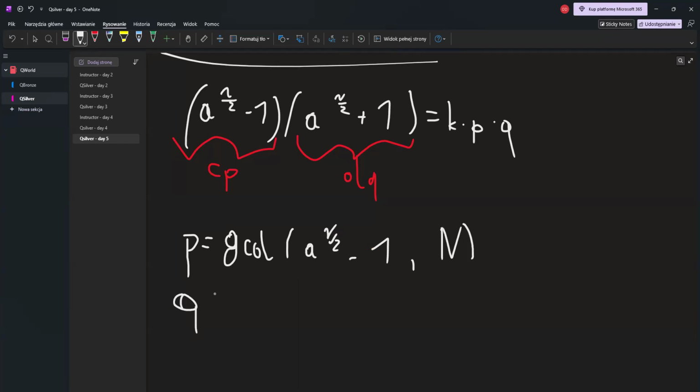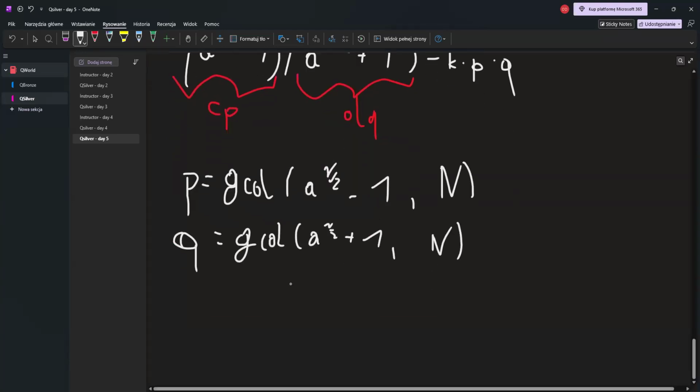And q we can calculate also using GCD of a to the power of r divided by 2 plus 1 and n. And that's it. We factored n. We breached the RSA encryption. That's basically everything that we need to do if we are using Shor's algorithm.